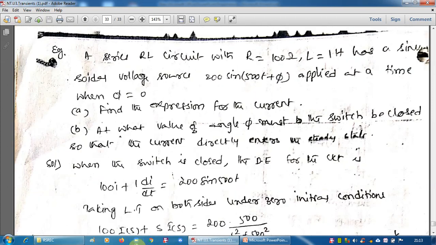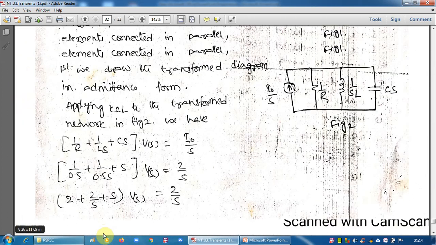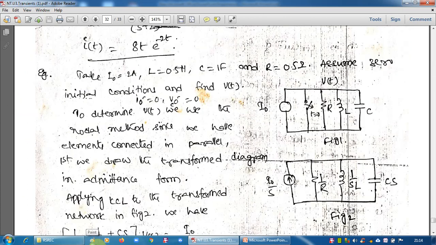Here there is no difference between a DC circuit or an AC circuit. Once the transform is applied, all circuits are equal. That is another advantage of the Laplace transform method. The only thing is you need to write the transformed function for the supply.